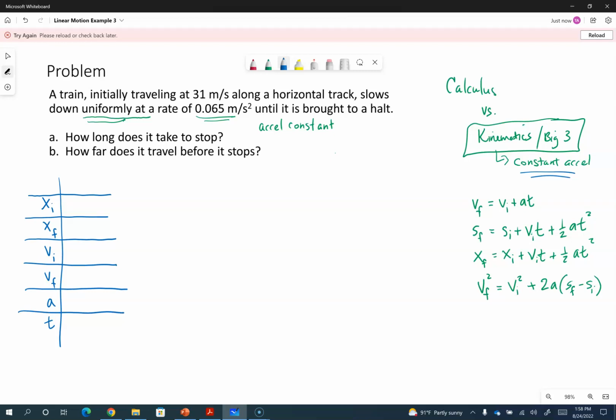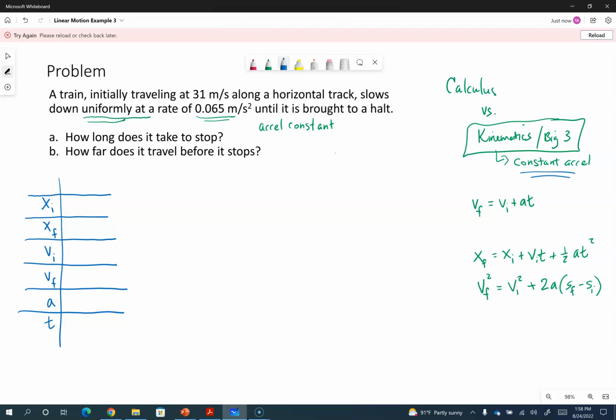If I am very careful about filling in what I know, then it will often make it easier to simplify and choose which equation we want to use. I'm going to erase the position written in terms of S simply because I've written X in my equation, or in my table rather. I don't want to think I have 4 equations, and I just have 3.